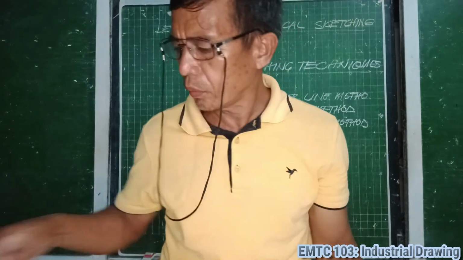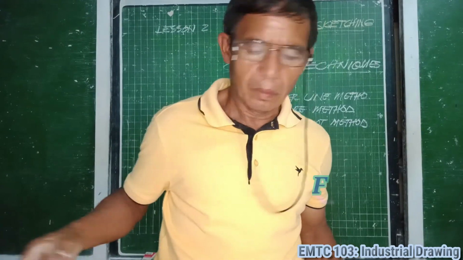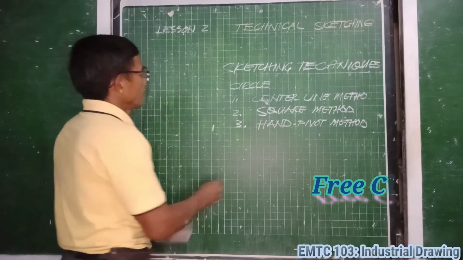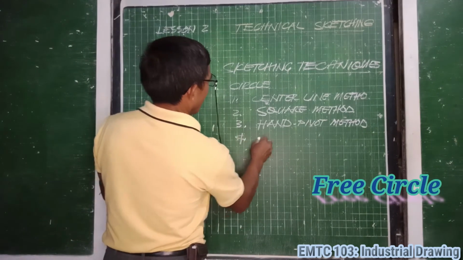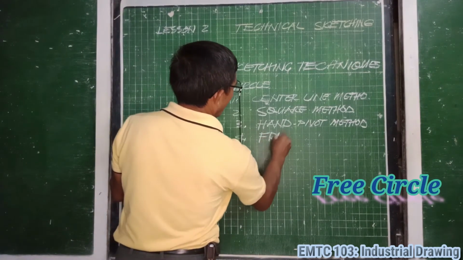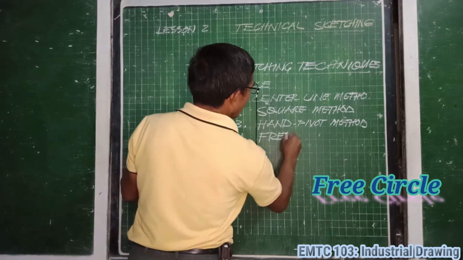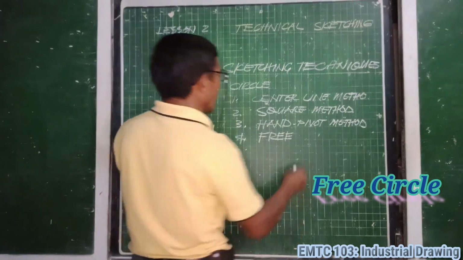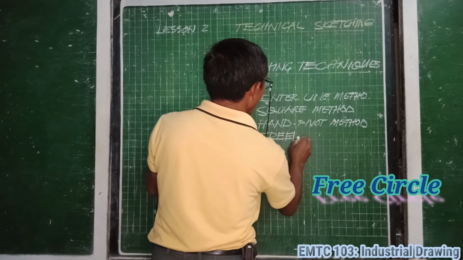Next, we have what we call the freehand or free circle. So the clever draftsman uses the 2 pencils. Free circle.